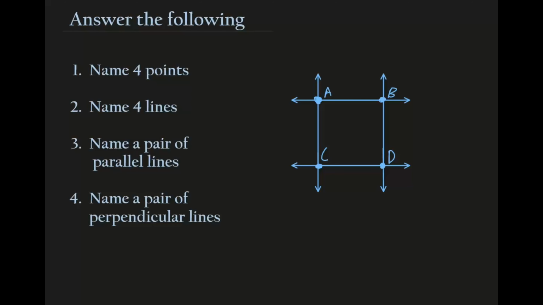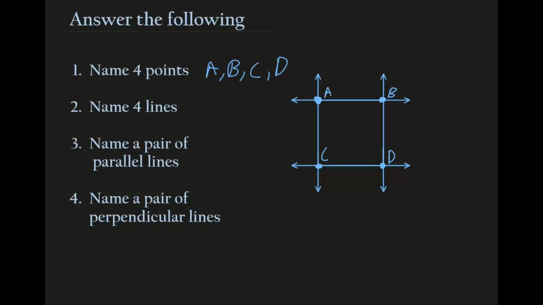Name 4 points. Right here, we have 1 point, so that's A. And then we have another point here, B. Then we have another point here, C. Then we have another point here, D.